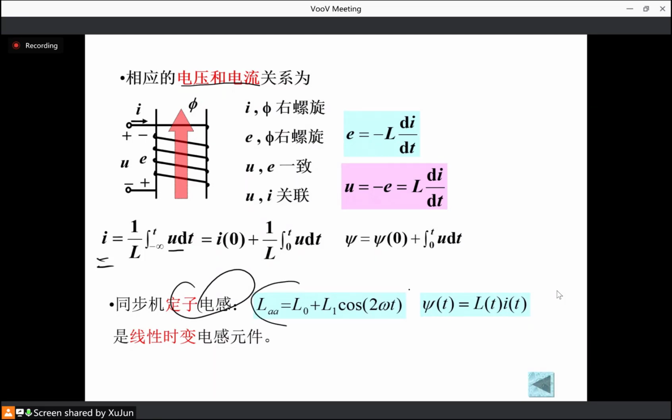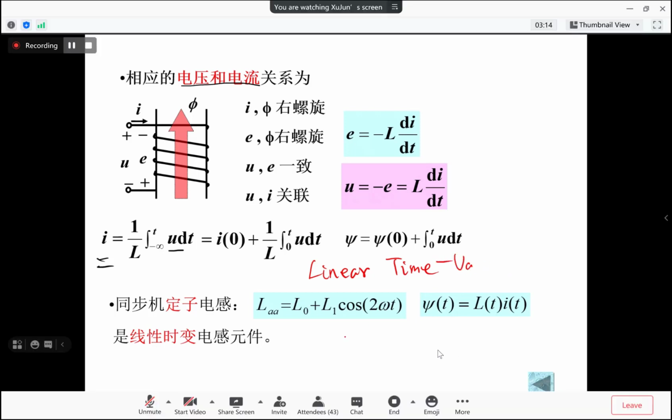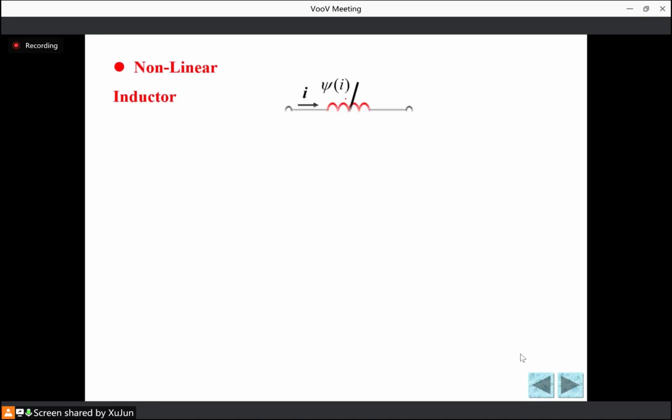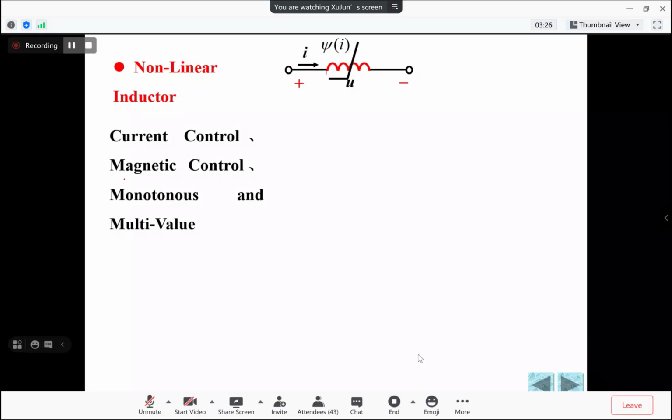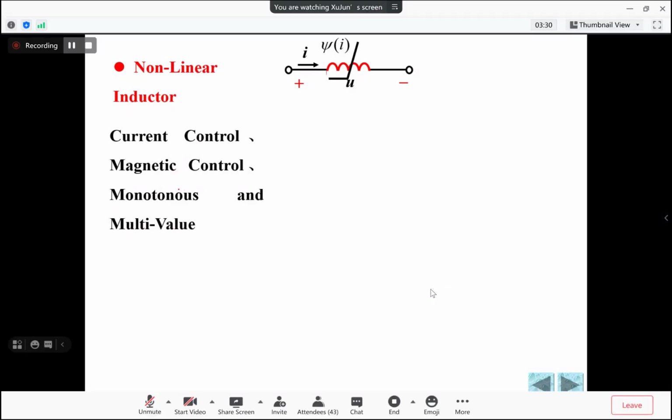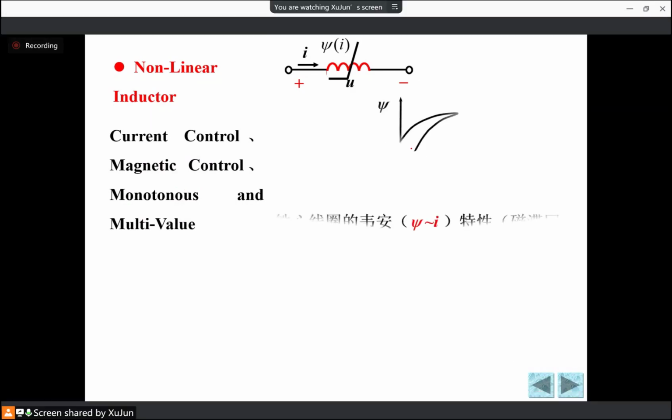For this expression, it will be a linear time-variant component. For a nonlinear inductor, this will be the symbol. It also has 4 types: current control, magnetic control, monotonous, and multiple value. This is a common inductor.